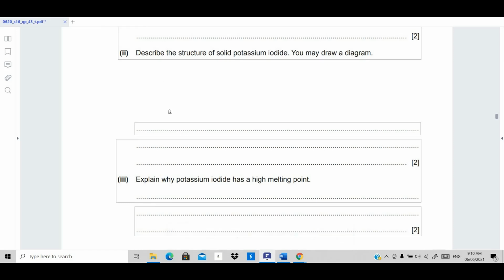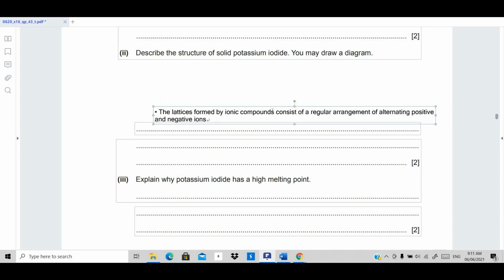Now the diagram: you may draw a diagram. Actually, there's no need for a diagram, and I recommend you not to draw one because you need to save your time. In an exam, there will be no time for this. Moment, guys. Now I'll add text here and write the answer for you.